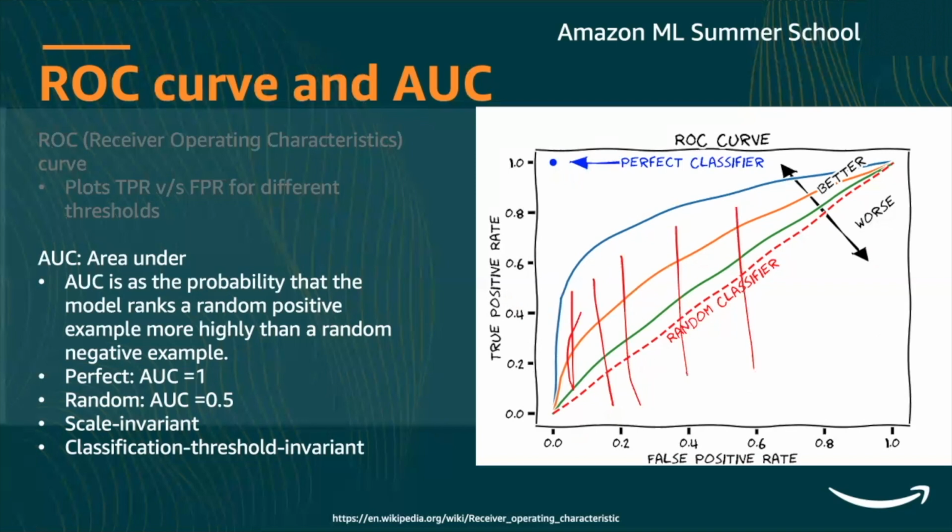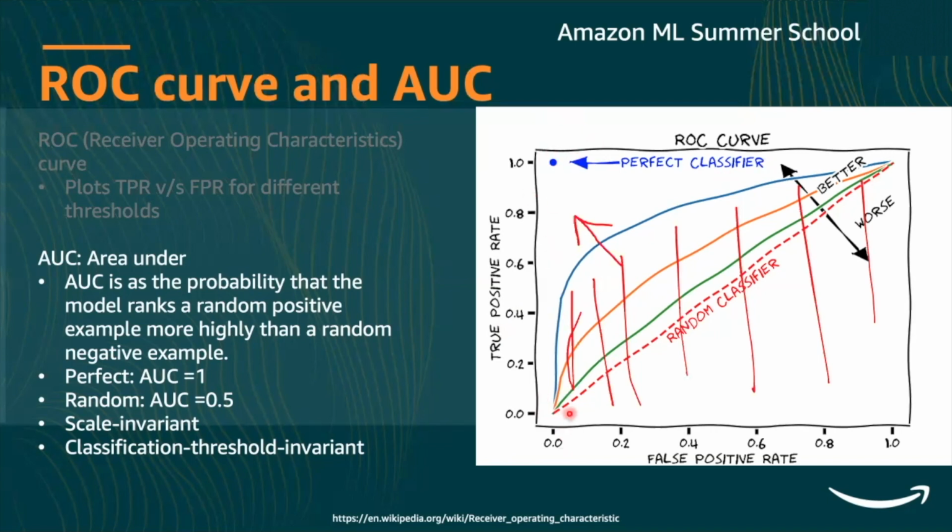So you can compute the area under the curve, and the greater the area, the better the classifier. It can be understood as the probability that the model ranks a random positive example more highly than a random negative example. The perfect AUC is one, which would be here. This would be the perfect classifier.